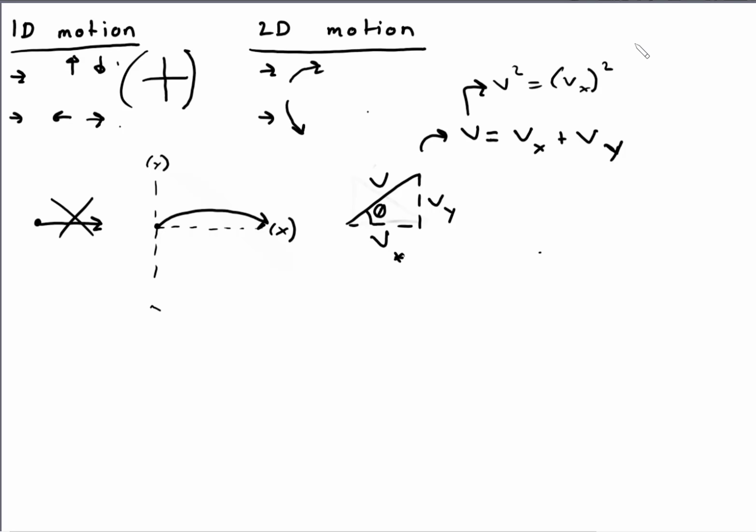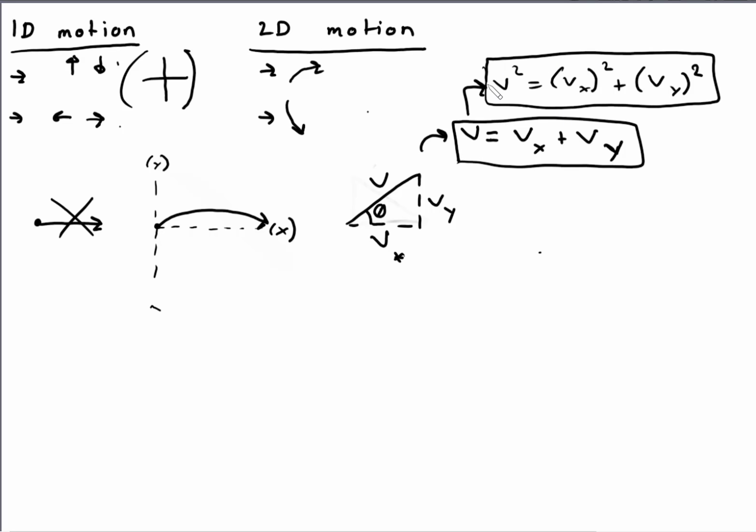That would be v squared is equal to v sub x squared plus v sub y squared. The first equation is adding the vectors, while this one is adding the components of those vectors.